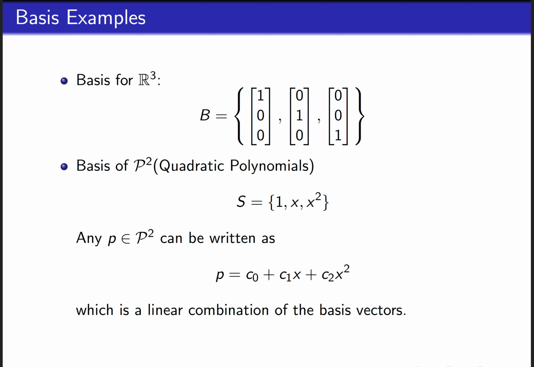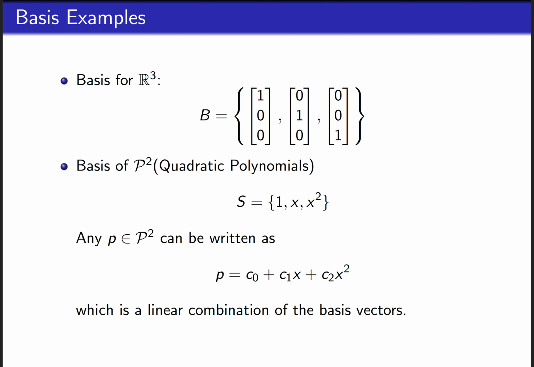This is the space of all polynomials of degree 2 or less. A typical basis for this space is given by the set 1, x, and x squared. Taking any polynomial in P2, we can see it can be written as c0 plus c1x plus c2x squared, where some of those could be 0.